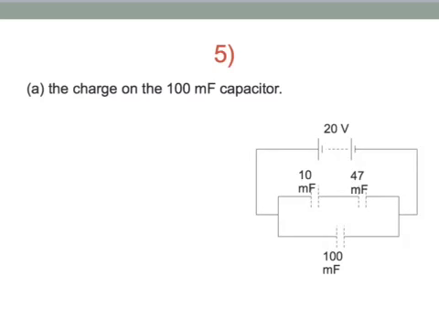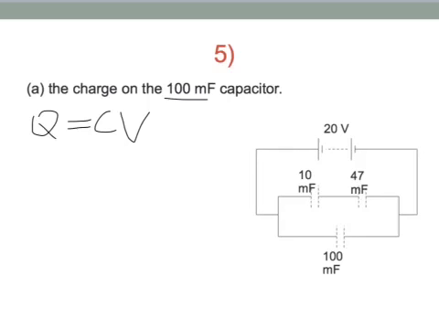Right, number 5, the charge on the 100 millifarad capacitor in the following circuit diagram is what we're asked to find here. So to do that, we're going to use the same old equation, Q equals CV. Plugging in 100 millifarads and multiplying it by 20 volts in this case.